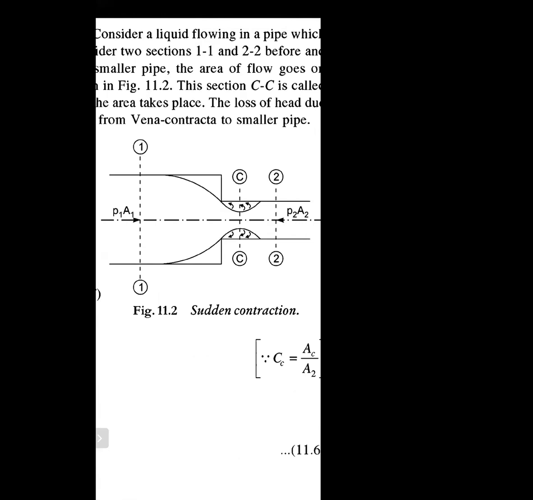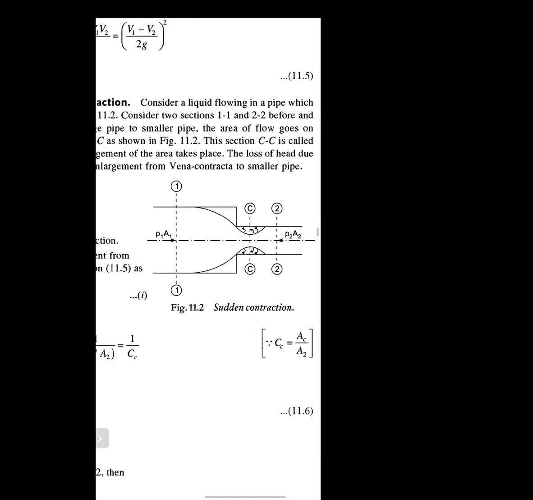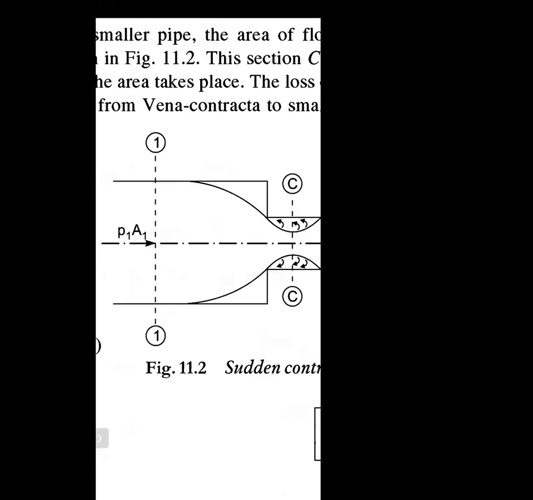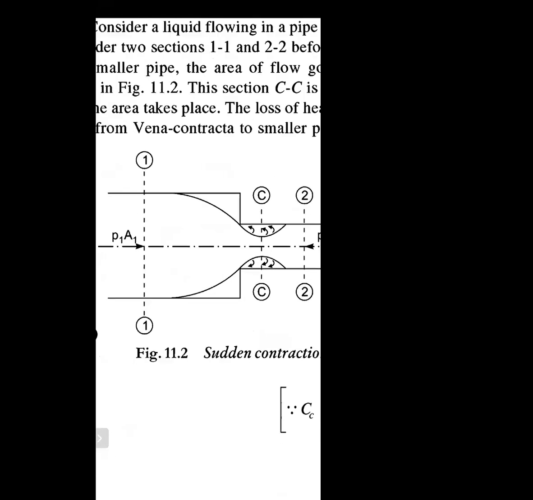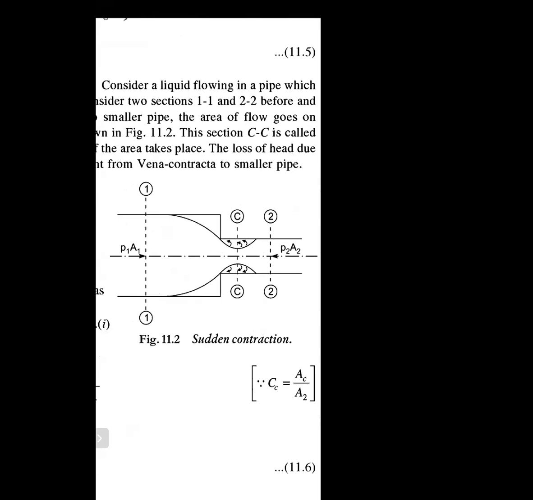Water is flowing from section 1 to section 2. Here you see the difference between diameter of pipe from section 1 to section 2. The diameter is suddenly contracted. Therefore that loss is to be taken as loss of head due to sudden contraction.